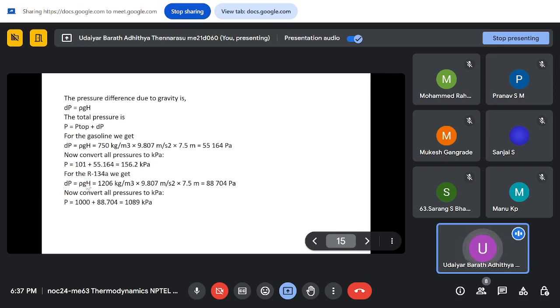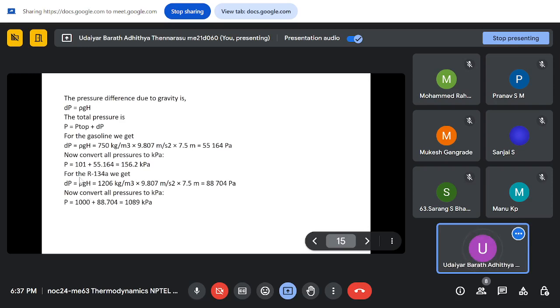Your weight you can calculate by mg, mass into gravity, and you divide by area. Multiply area by height and you get volume. So m by v is rho, and you get rho gh. Pressure is force by area, so mg by A.